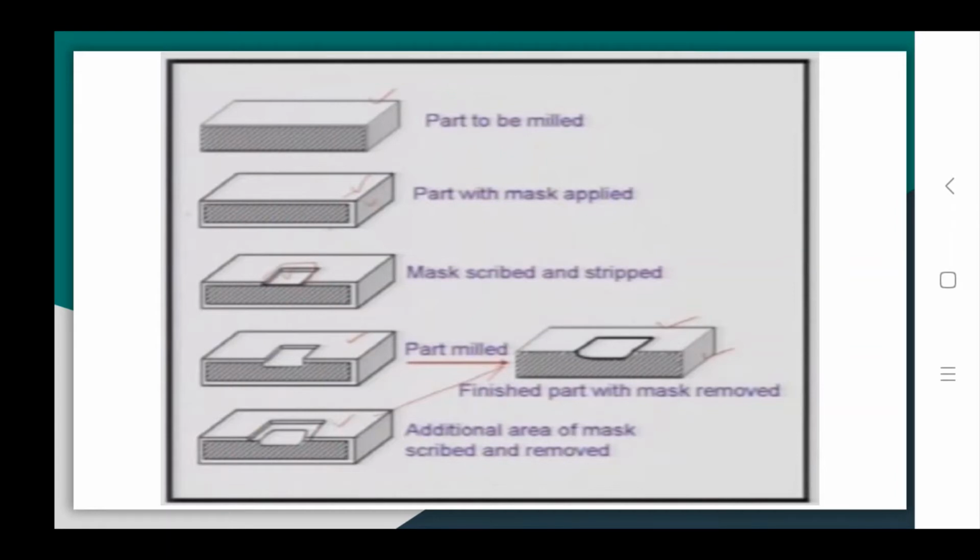Then you can put this part inside the etchant, right, and after that you can see that finally the part is machined to the desired depth and the desired cavity is obtained. So this is the finished part with the mask removed, and here is the mask remaining. You remove the mask from the workpiece, then you will finally get the finished part or product.